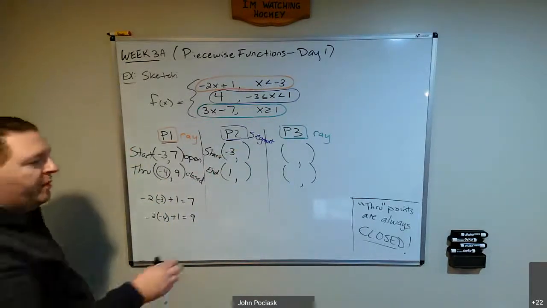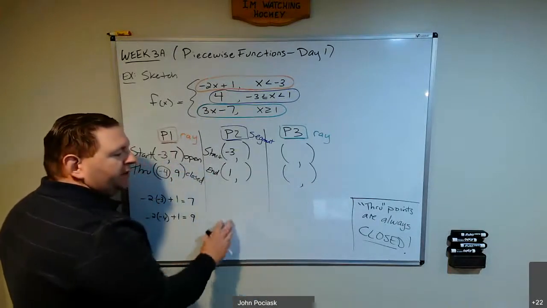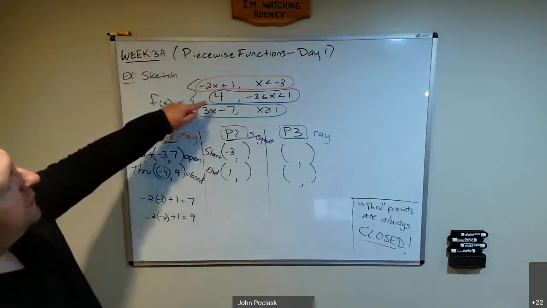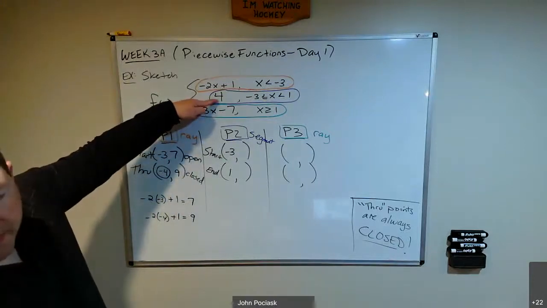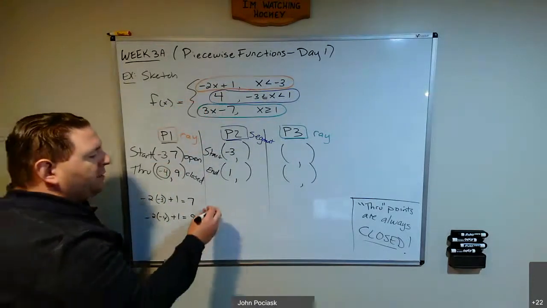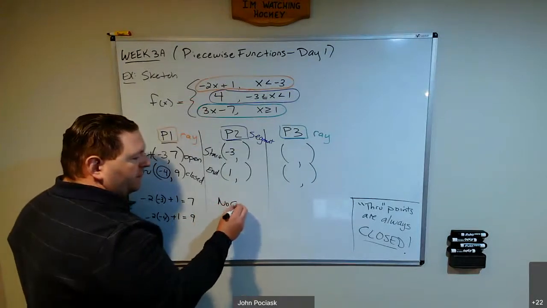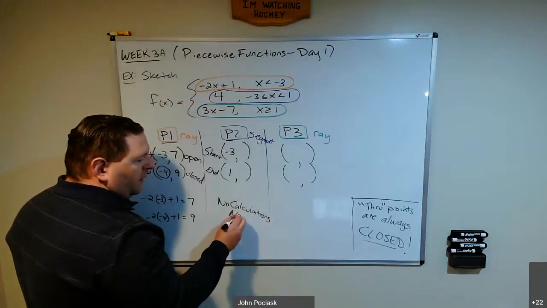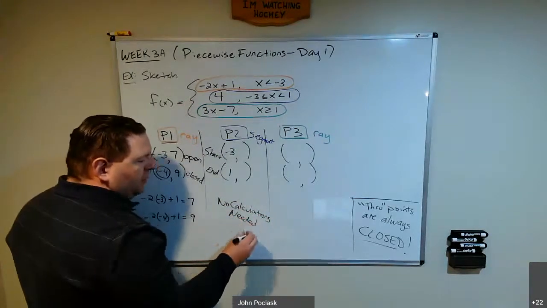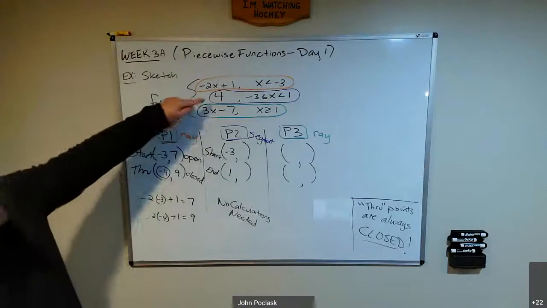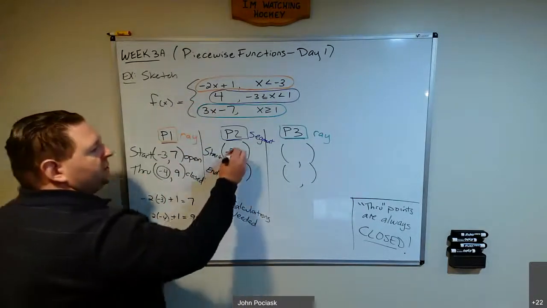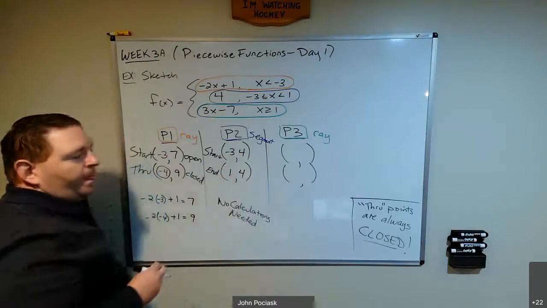Now I would normally do my calculations now under here to get my outputs, but you'll notice that piece 2 is a constant piece. So there's no calculations needed here. If you're on piece 2, then the output is always the number 4. That's what it says. I'm just going to put 4s right there.